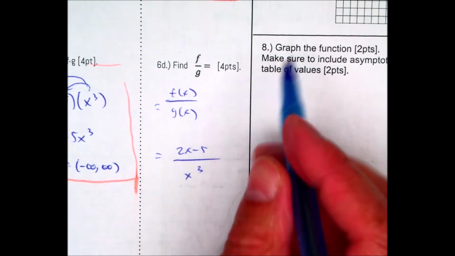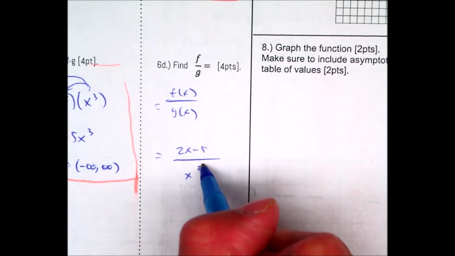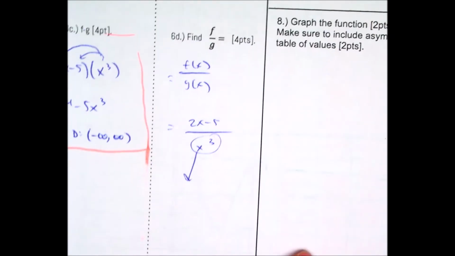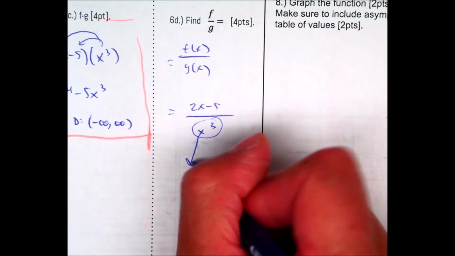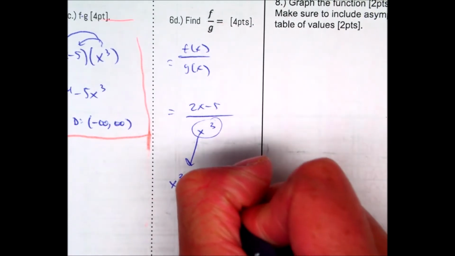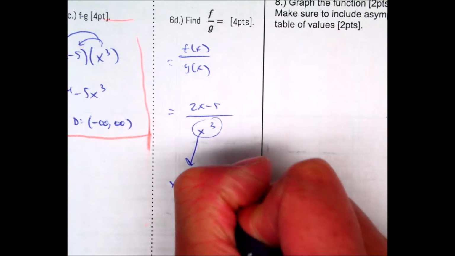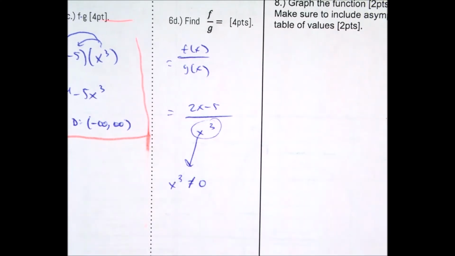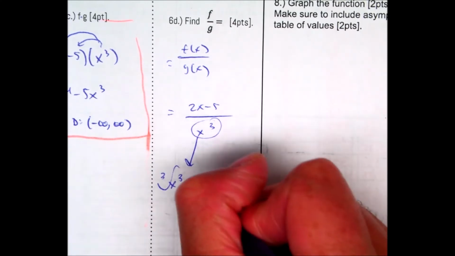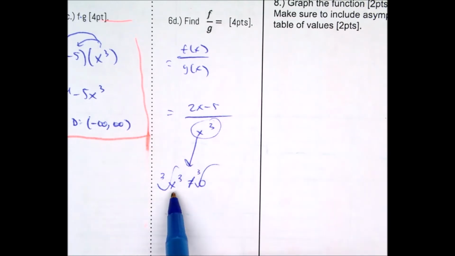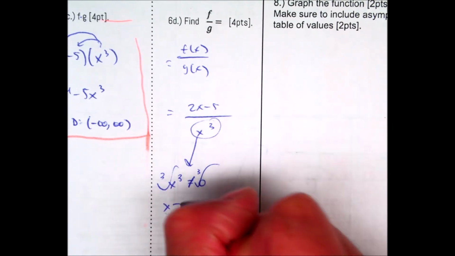Now our domain here, we can find algebraically for our rational function by setting the denominator not equal to 0. Finding the cube root, any three identical numbers that multiply to 0, x cannot equal 0.